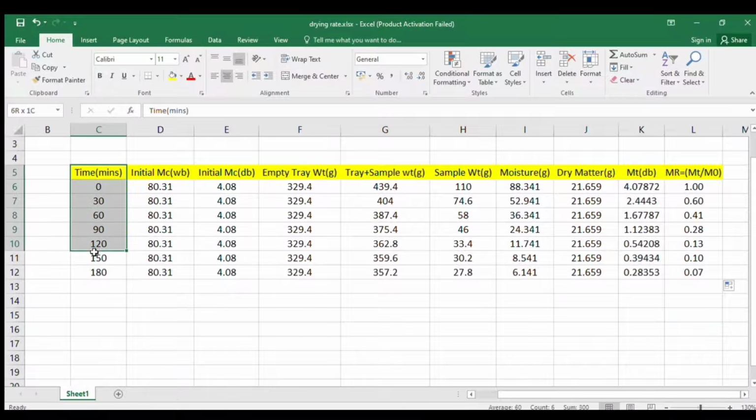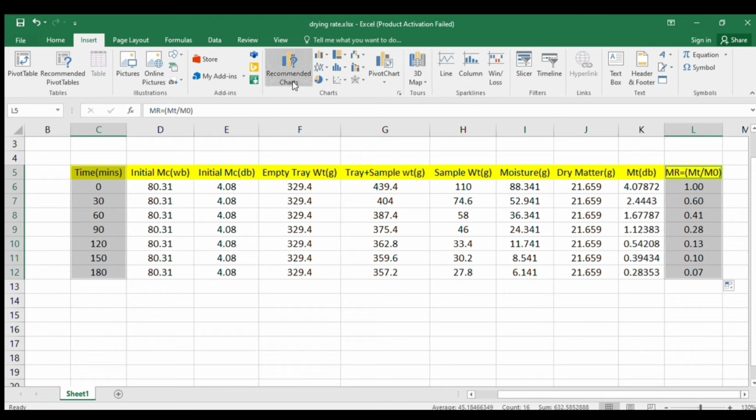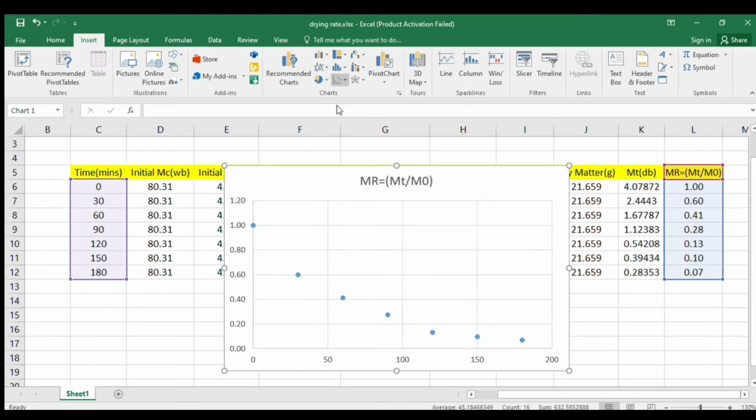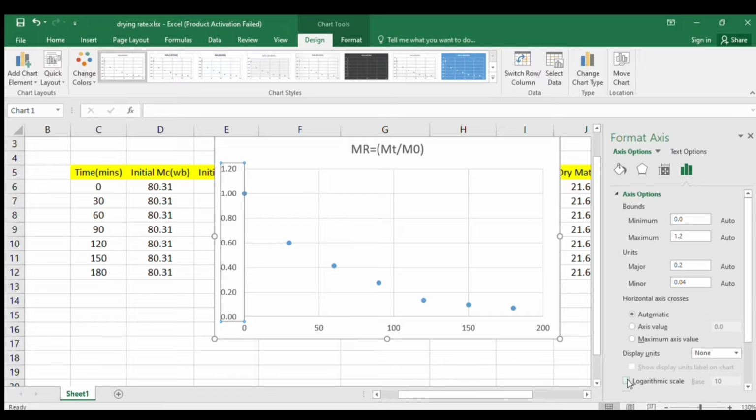Now we have to make a plot of time versus moisture ratio. I'm going to insert, then in charts I have selected scatter plot. We want this y-axis in logarithmic scale.